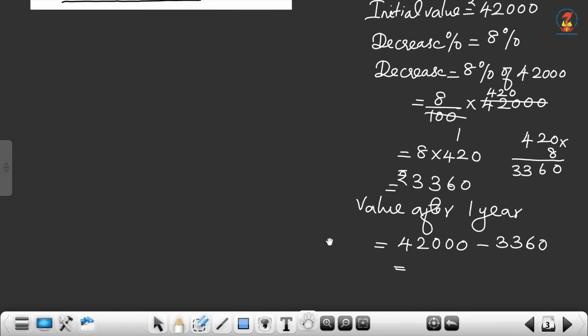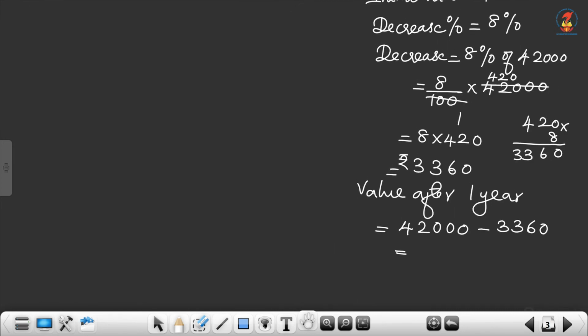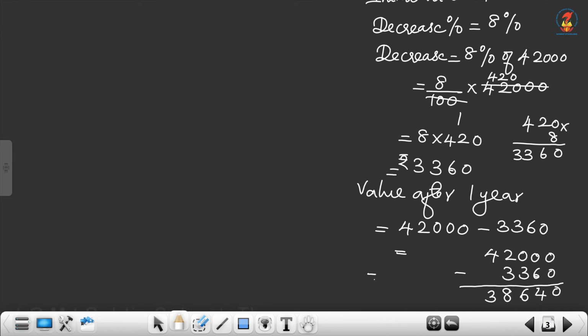So we can find out 42,000 minus 3,360. So we will get the answer as rupees 38,640. So this one is without applying the amount in compound interest formula, without applying the formula we can find out the answer.